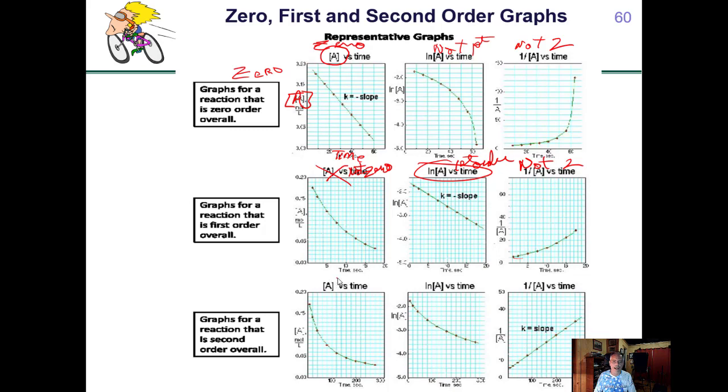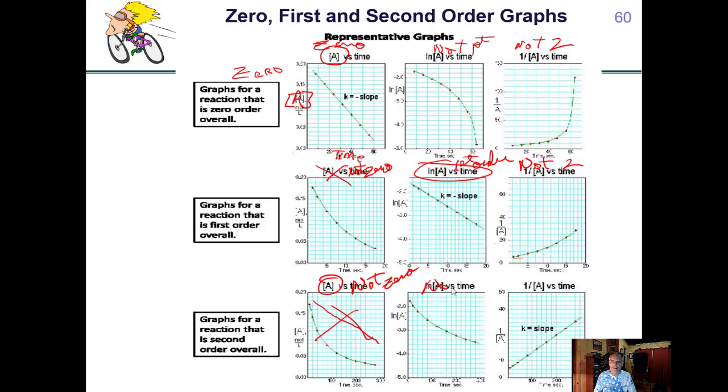All right, so let's go for the next set of data. So I graph my concentration versus time. I get a curve, not zero. Can't be zero, because if it were zero order and I graph concentration versus time, I would get a straight line with a negative slope, and I did not get that. I graph the natural log versus time, trying to determine whether it's first order, and so not first, because I did not get a straight line with a negative slope.